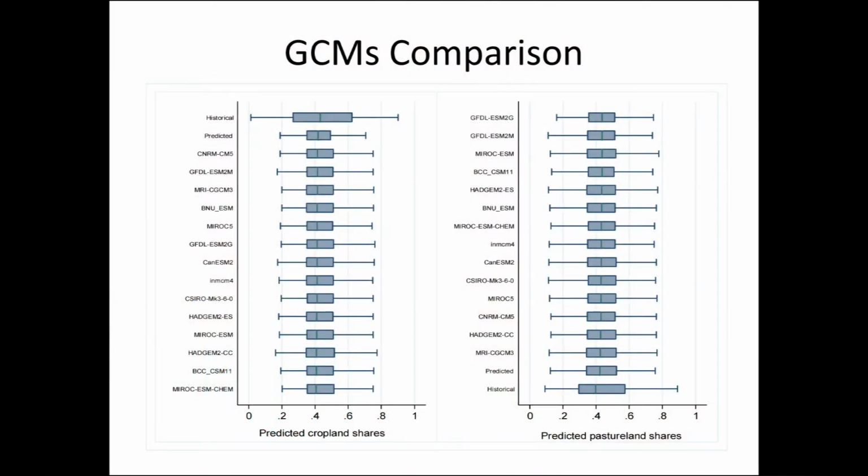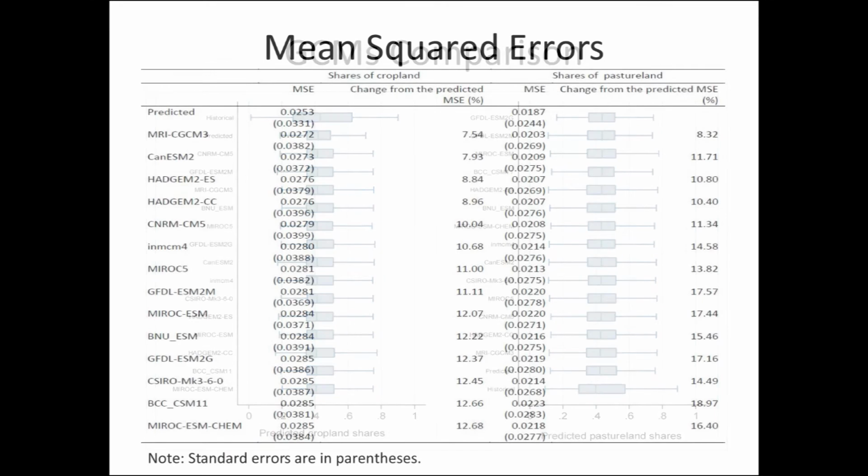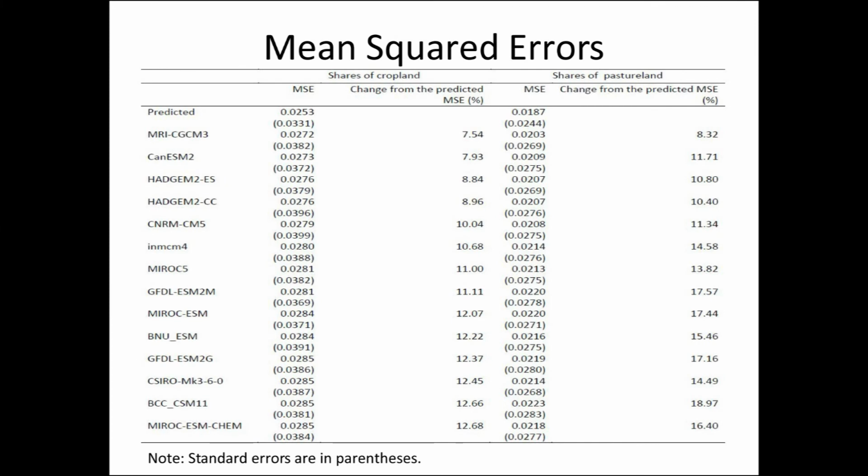Since we have 14 GCMs, we did a sensitivity test to see the prediction power of these GCMs. And you see this is the predicted land use shares across 14 GCMs in descending order. To see this more clearly, we calculate the mean square errors.